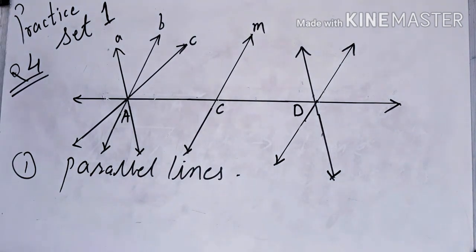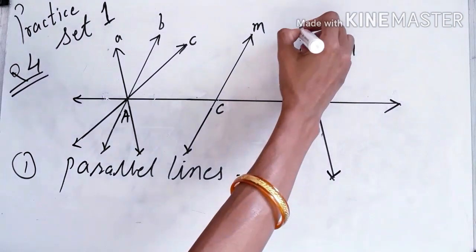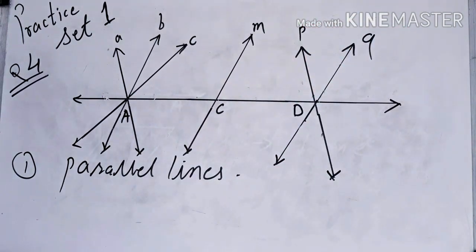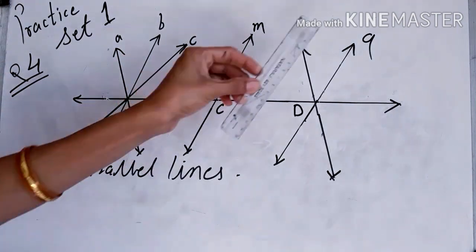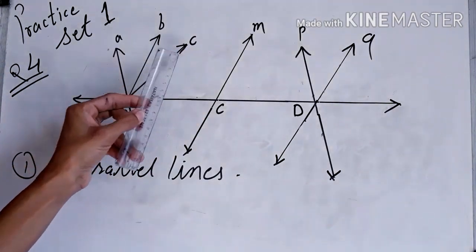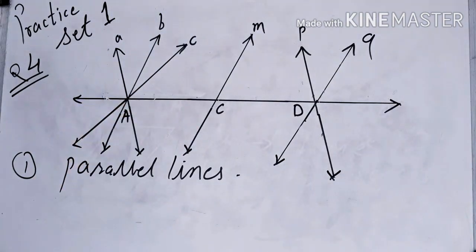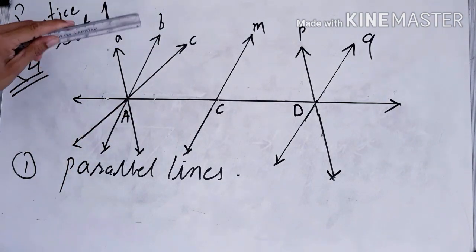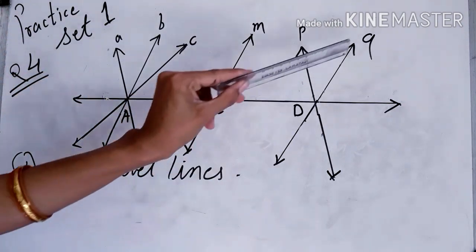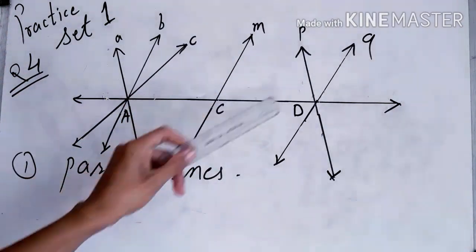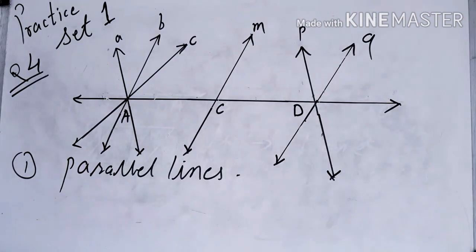So, here you observe the figure. Here the names of the lines are given by a single letter. This is line A, line B, line C. This is line M, line P and line Q. Now, parallel lines, how to find?